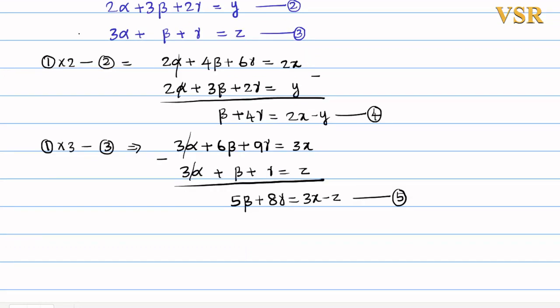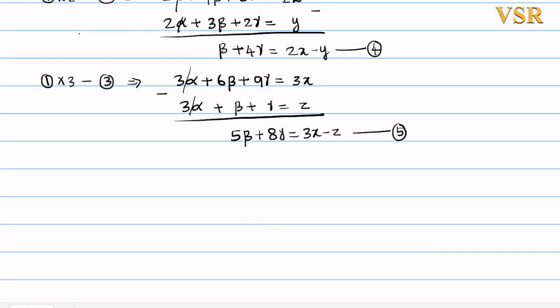Let us take the fourth and fifth equations separately. The fourth equation is beta plus 5 gamma equals 2x minus y, and the fifth equation is 5 beta plus 8 gamma equals 3x minus z.